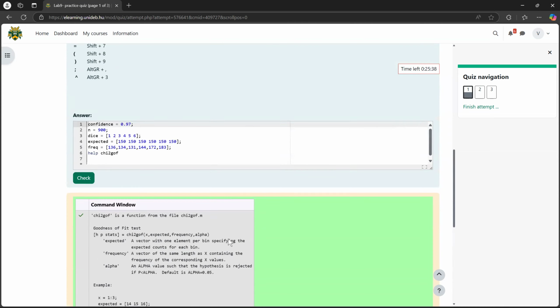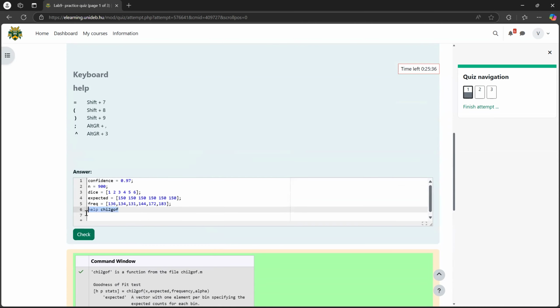Now, one thing with G2Golf here is it doesn't work like it does in MATLAB. So I'll show you what I mean. First, the parameters H, P, and stats. In MATLAB, we would give dice.